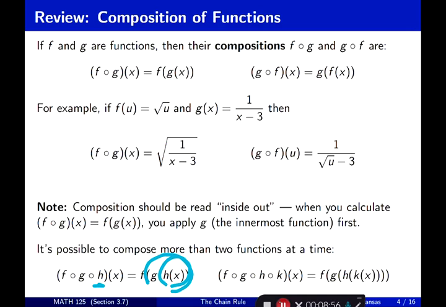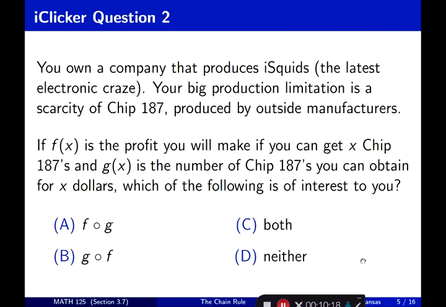And then f of g of h of k of x is f of g of h of k of x. And again, k is the one that takes x in as input and gives the output of k.